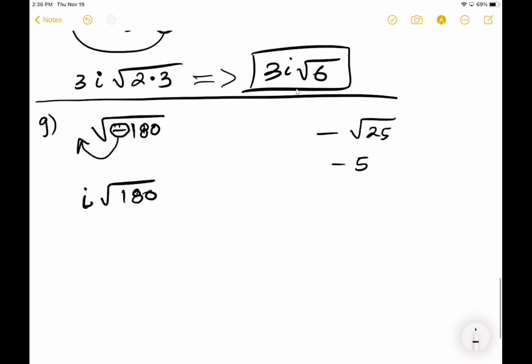Excuse me, what can we break down? If you don't see that 36 is in here, just break it down by what we know.